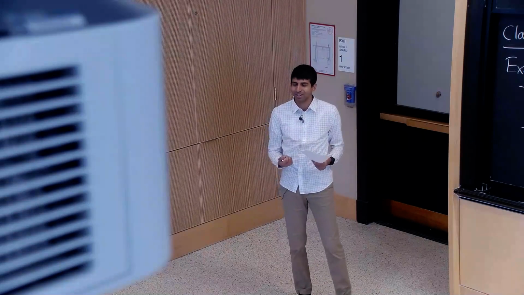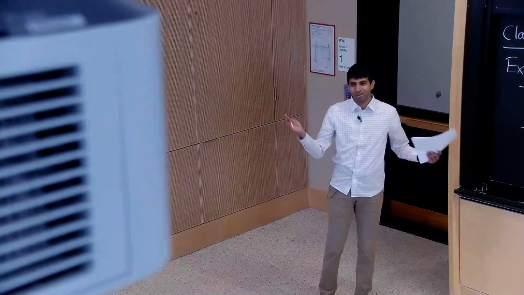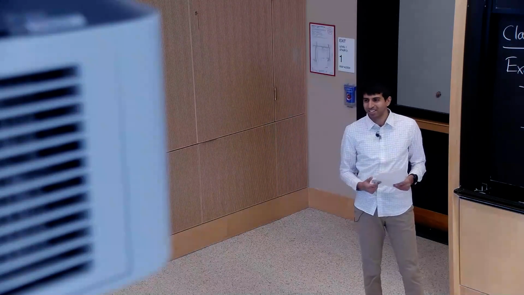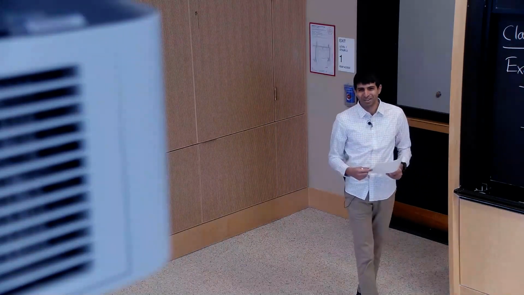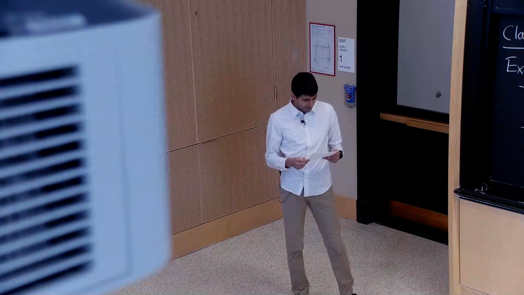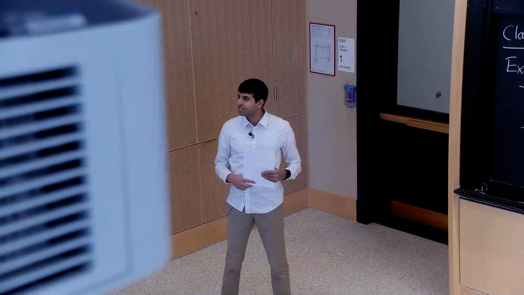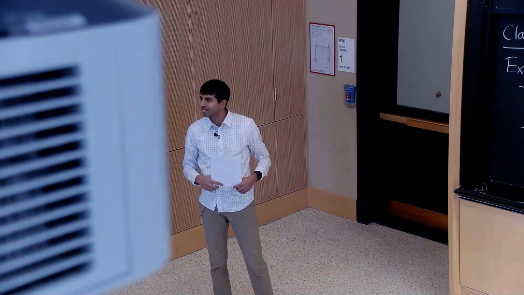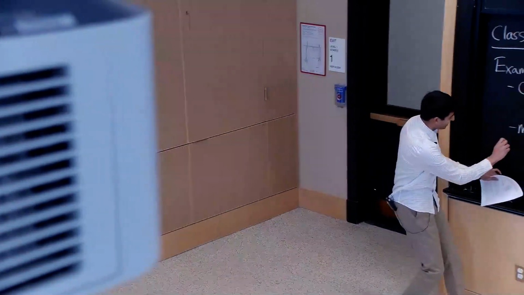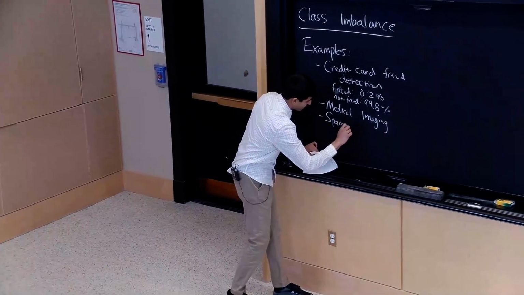So then training a machine learning model might be hard because your model might just predict, yeah, nobody has the issue. And it's going to be highly accurate and yet very useless, right? Can we get one more? Yeah. Yeah, spam classification.